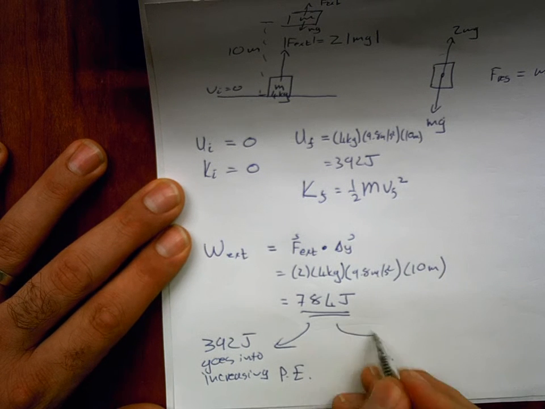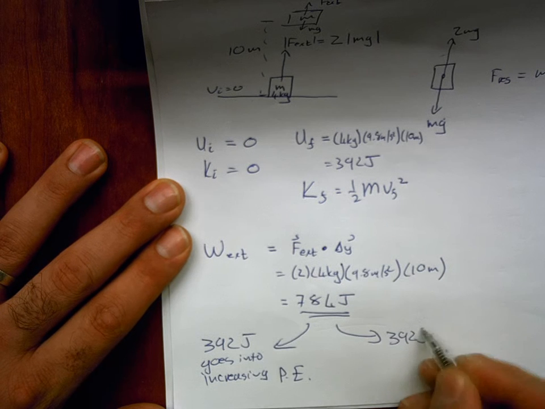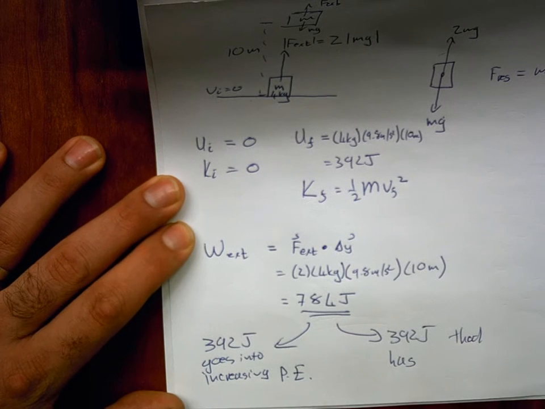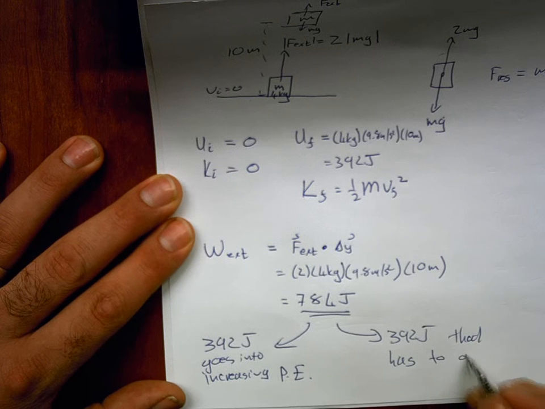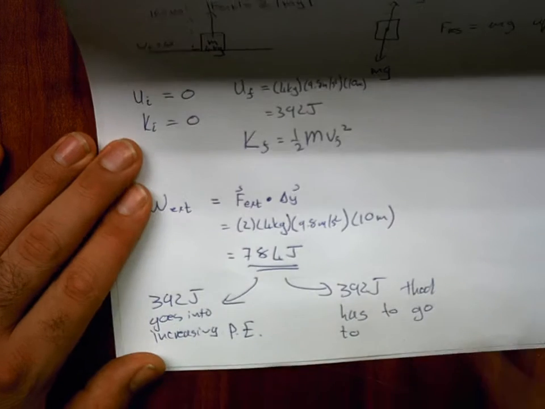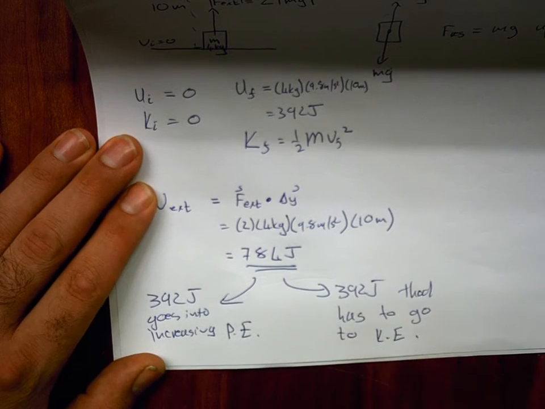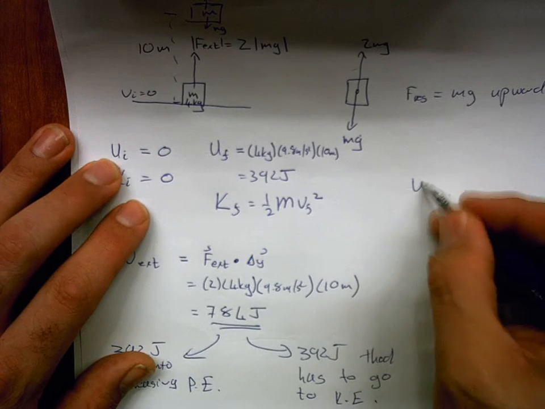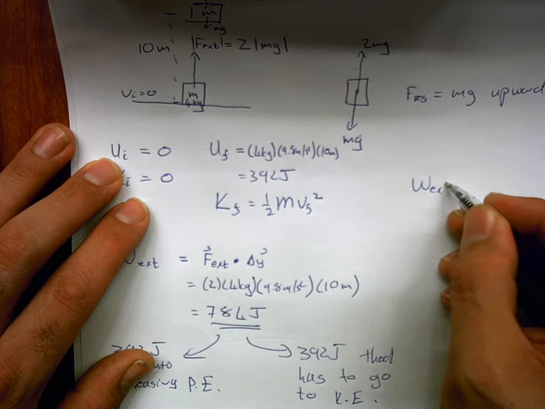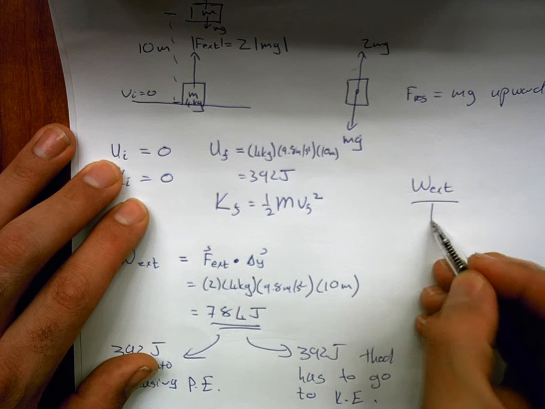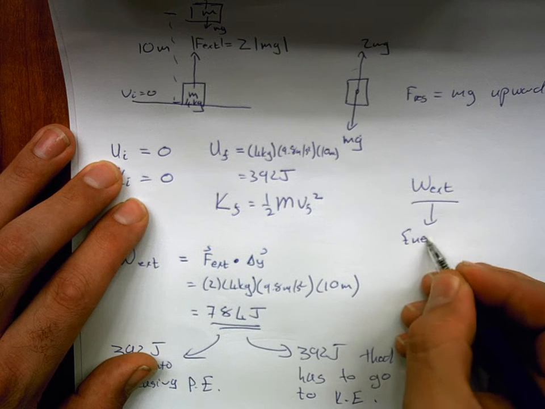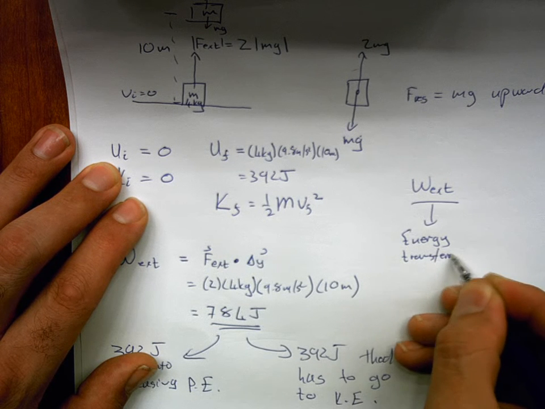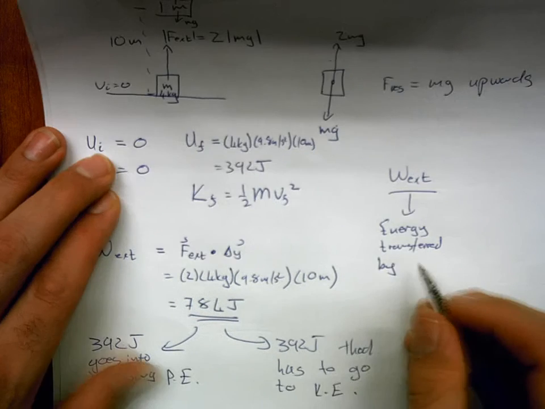This leaves us with 392 joules that has to go into, remember this is like accounting, increasing the kinetic energy. So we must have, if we have conservation of energy, the work done, which is equivalent to the energy transferred by the external force.